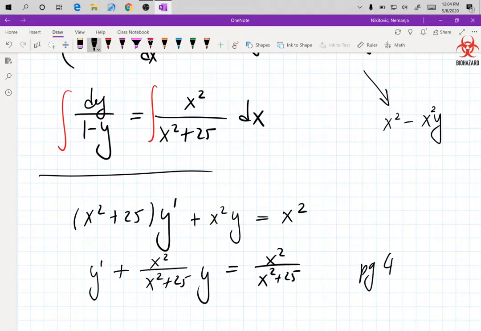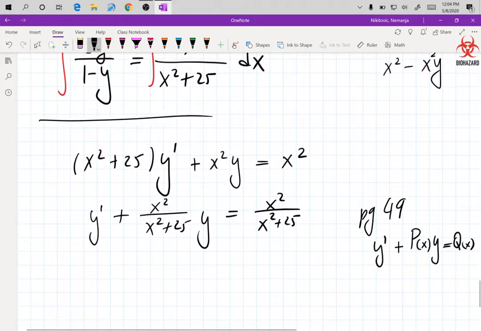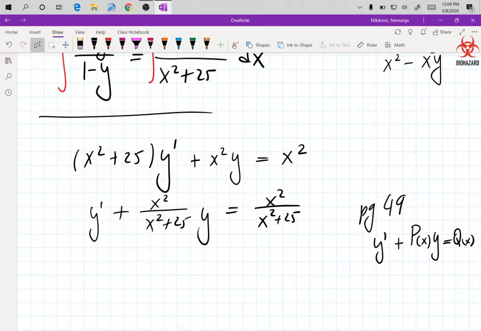So page 49 in the book is where they have a closer look at the integrating factor method. They clearly say y prime needs to be alone, as I did, plus p of x y equals q of x. So now you clearly see what's p, what's q, right? You have to have that. Yeah, looks like I'm either allergic to integrating factor or you. It's one or the other.